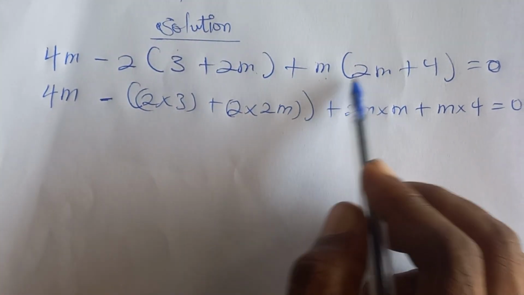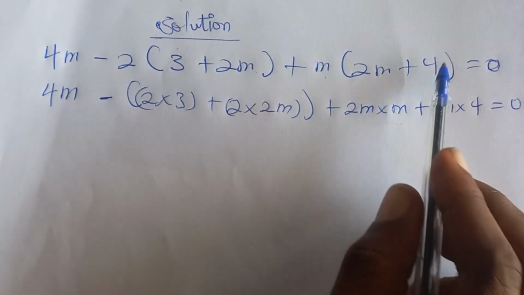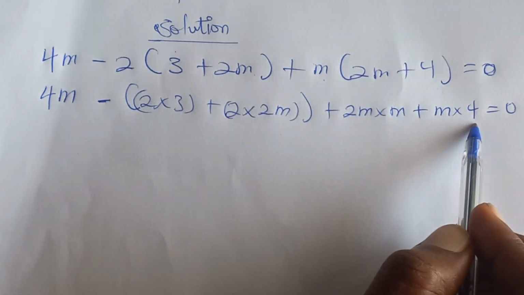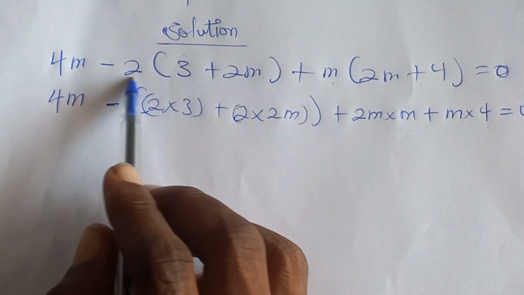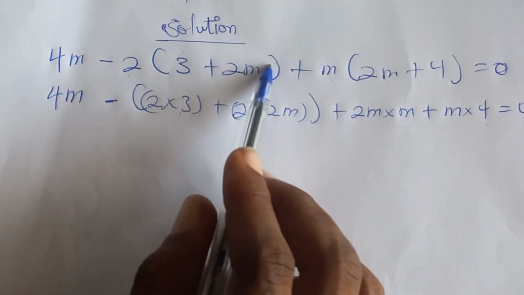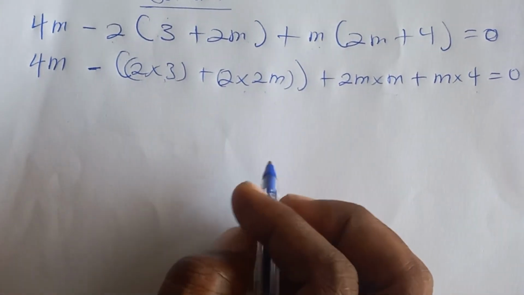So m times 2m, this is it, then m times 4 is here, okay? And this one too is 2 times 3, which is this, 2 times 2m, which is this. So let's continue to simplify this.